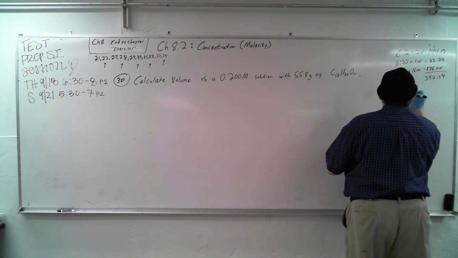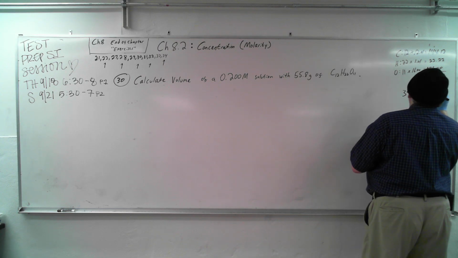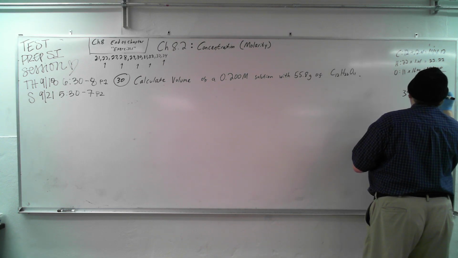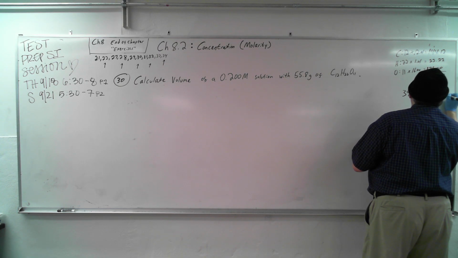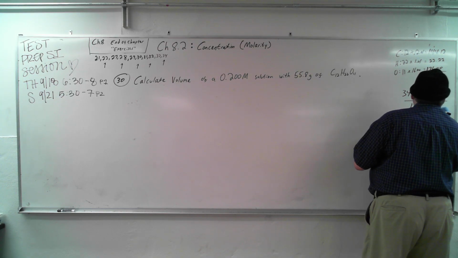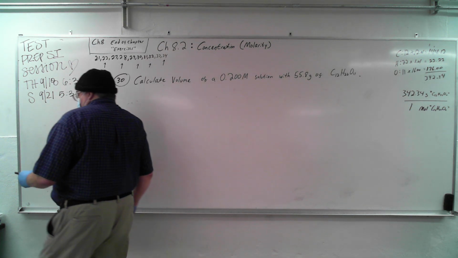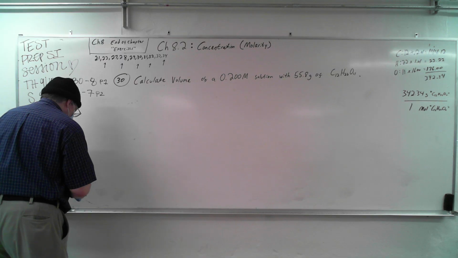Coming up with 342.34 grams of C12H22O11 to 1 mole of C12H22O11. We're going to need that. Right? To set it up.